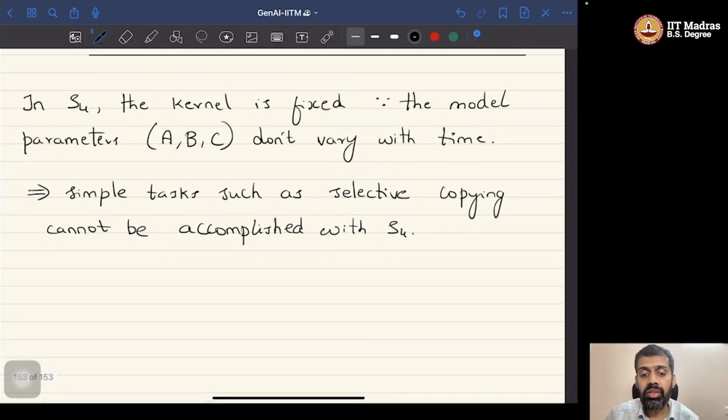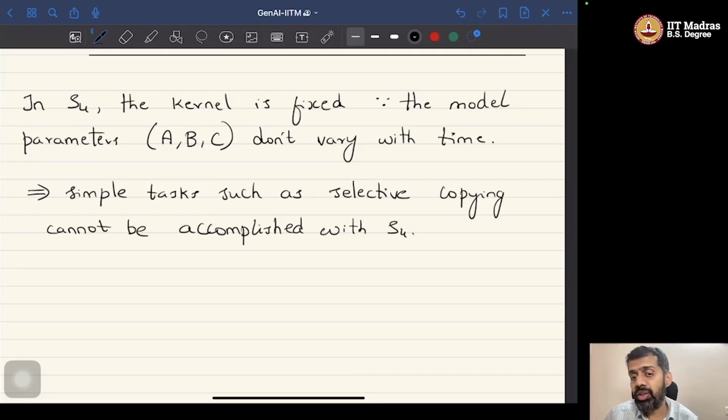Let's say that we have a particular sequence and the task is to selectively copy a particular subset of tokens from that sequence that belong to a predefined category. Let's say that you are given an English sentence. All we need to do is pick the words that correspond to nouns.